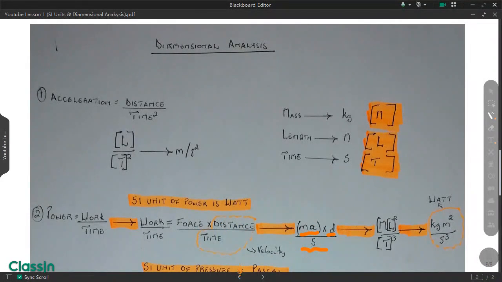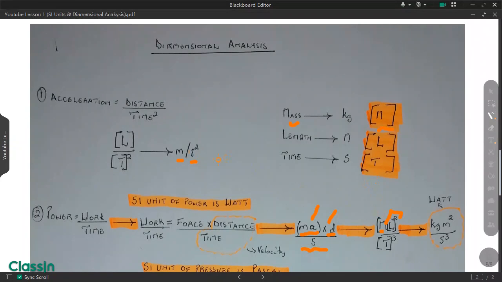So going back to our fundamental base quantities, mass is denoted by a bigger M in brackets, which is this one. Acceleration is meters per second squared. So sorry, it's meters per second squared. So meters of this distance, this one, and then the meters of acceleration will give us L squared, which is this one, this L squared.